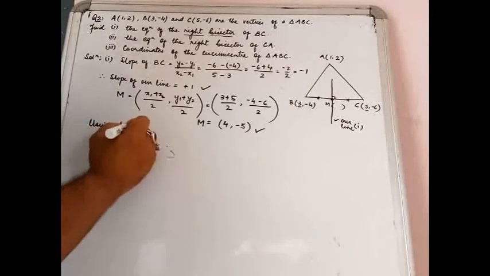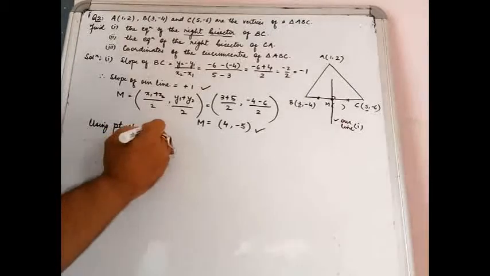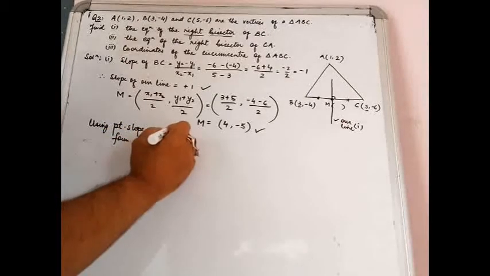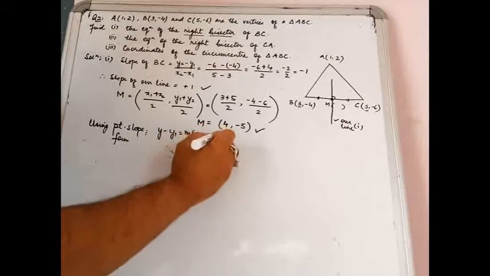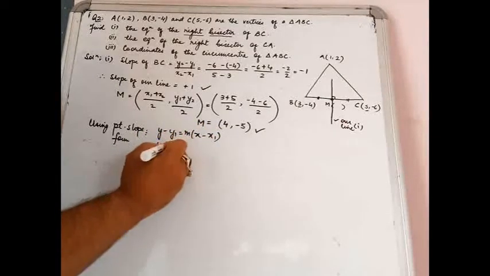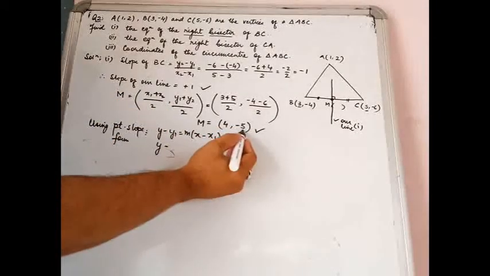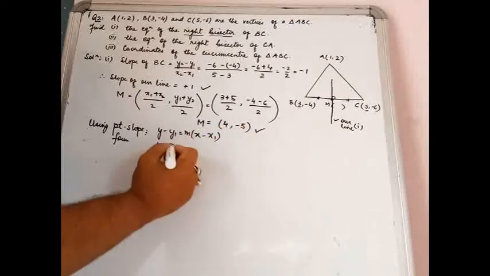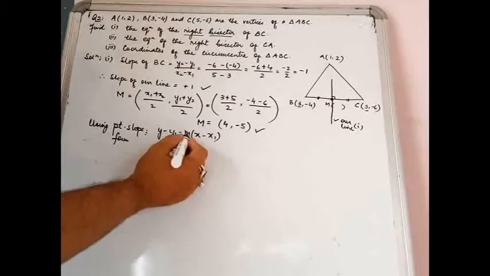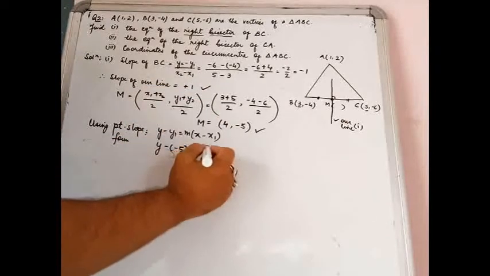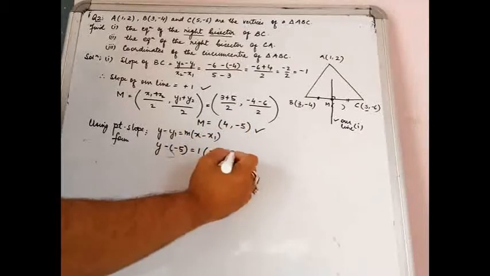So using the point slope form, once again you can use y minus y1 is equal to m times x minus x1. So y minus, now where is my y1? Now my y1 is this because my point is M. So y minus of minus 5 is equal to m. What is the slope? Slope is 1. Okay, x minus x1. x1 is 4.